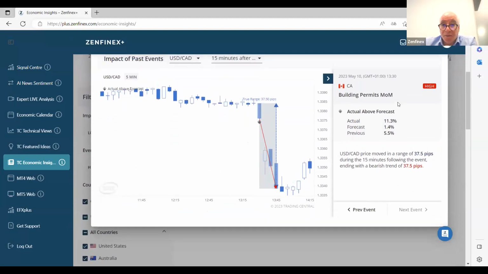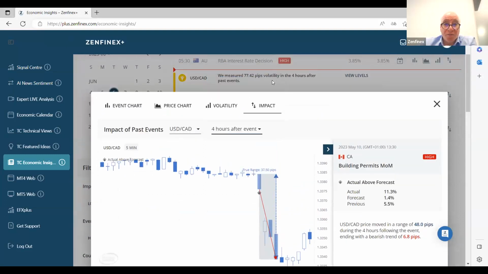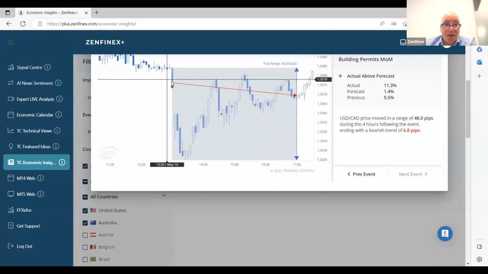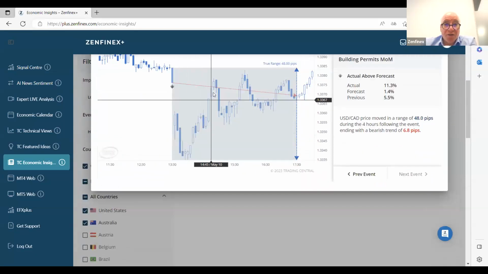So we can see here, the last announcement was on May 10th, and after that news, it moved in a range of 37 pips, about 15 minutes afterwards. And I tend to look at the 4-hourly afterwards for previous events. So what it did, it immediately came down, recovered, and more or less ended where it started.